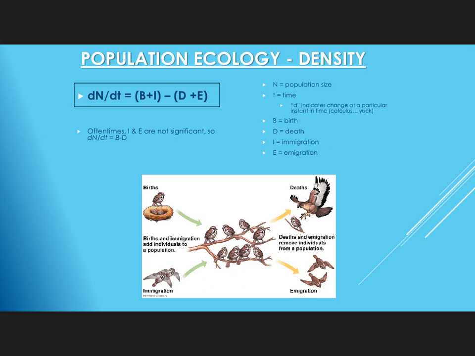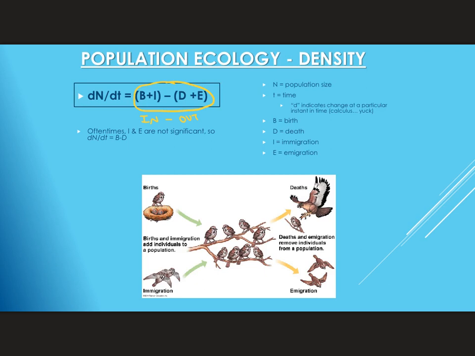So this formula might look a little bit familiar to you. I know it should if you took my class as a freshman, but essentially one of the ways that we can estimate population size or population density, or the change therein, is this formula right here, which is the ways to get into a population minus the ways to get out of a population.